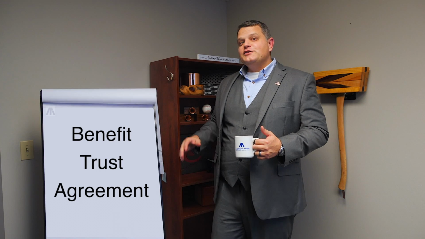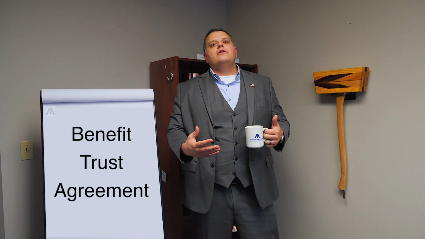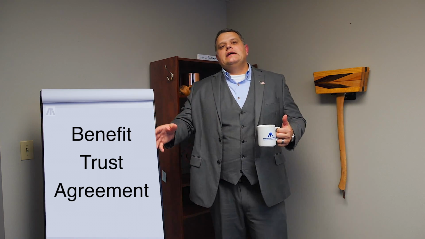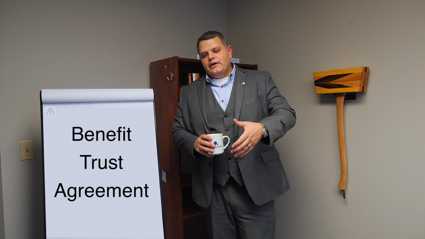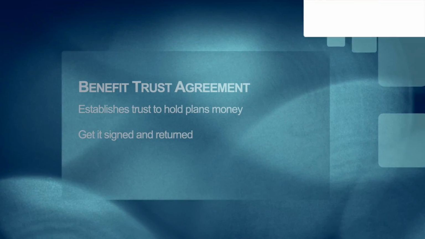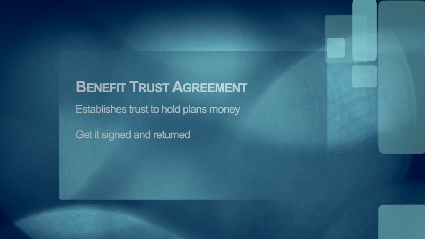Now, as you move forward, this one makes me really excited. It's not because of what it is, but what it allows you to do during year 2, year 3, down the road. This is the benefit trust agreement. For the folks who have been in it for a while, you understand that the benefit trust is the agreement that establishes the plan's trust to hold its monies.